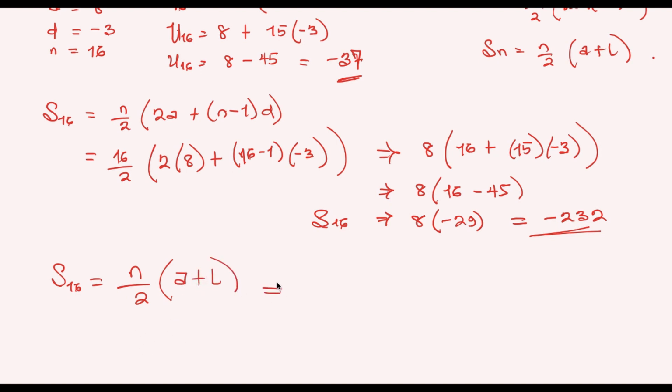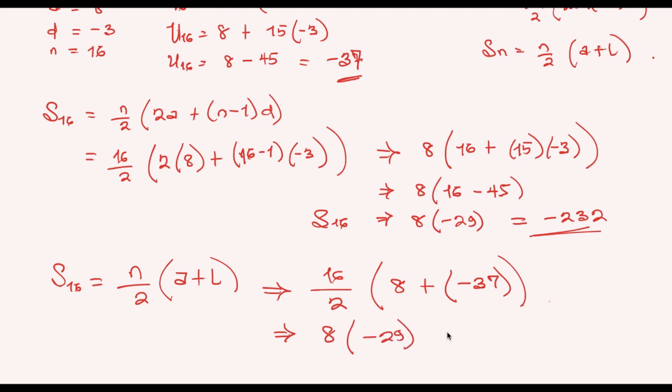So n is 16 divided by 2, and our first term is 8 plus our last term, which is minus 37. So we have that 16 divided by 2 is 8, and 8 minus 37 is equal to minus 29, as we have here. And this is also equal to minus 232.